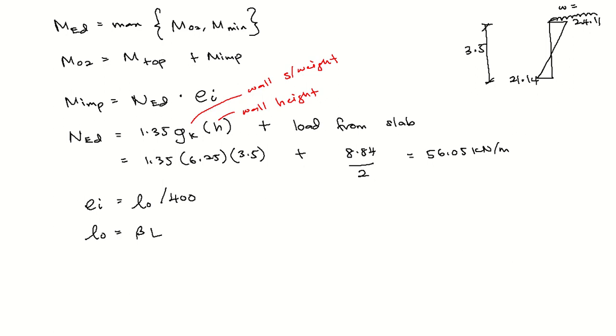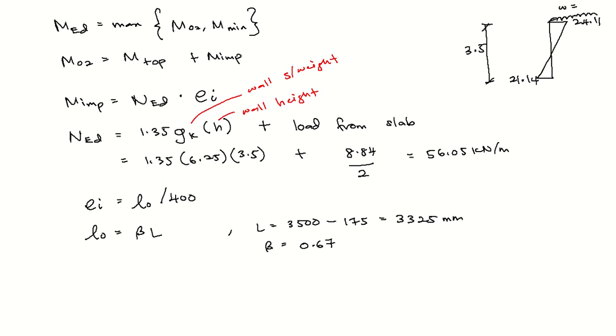As in the previous example, L equals 3,500 minus the thickness of the slab, which is 3325 millimeter. The beta that we are going to use is 0.67, because you have the same thickness. There is no variation in the thickness.